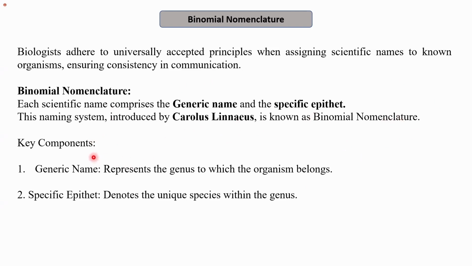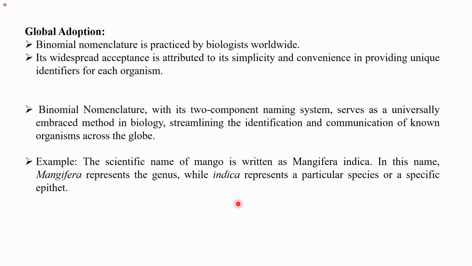The key components of this naming system are the generic name and the specific epithet. The generic name represents the genus to which the organism belongs, while the specific epithet denotes the unique species within the genus. So these are the two main key components.